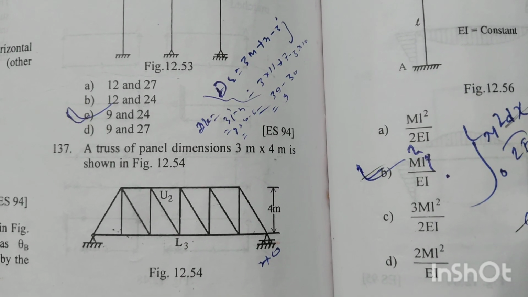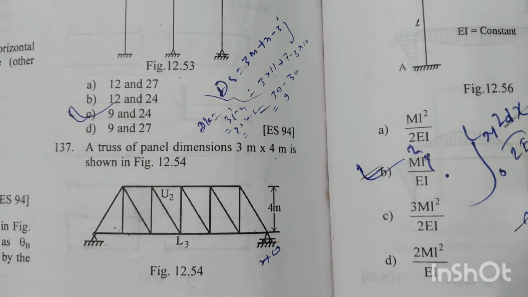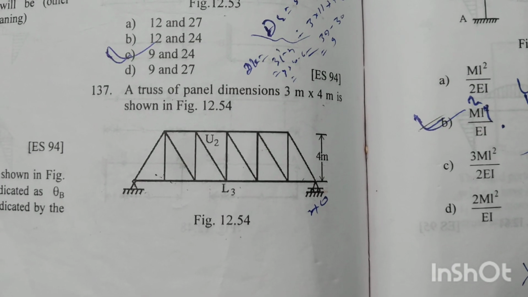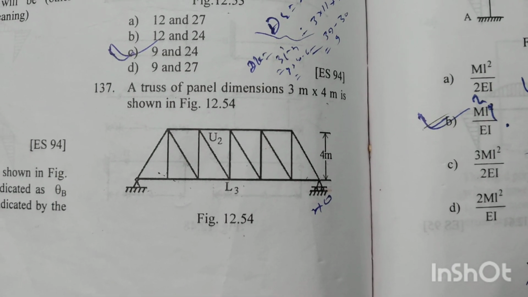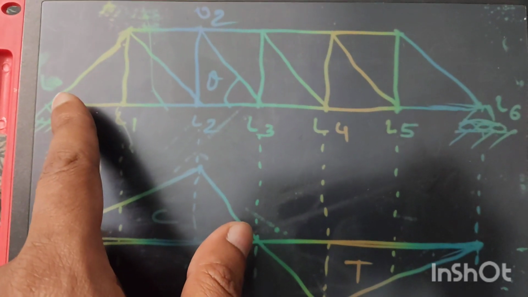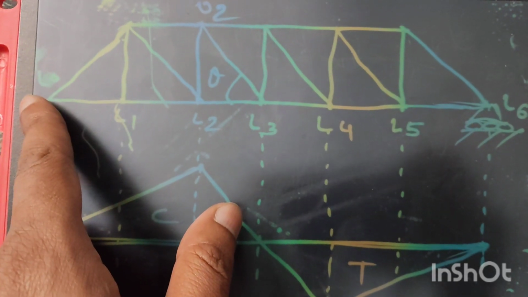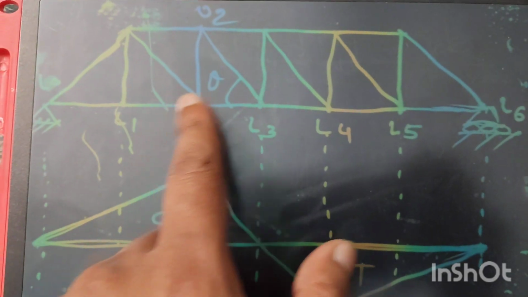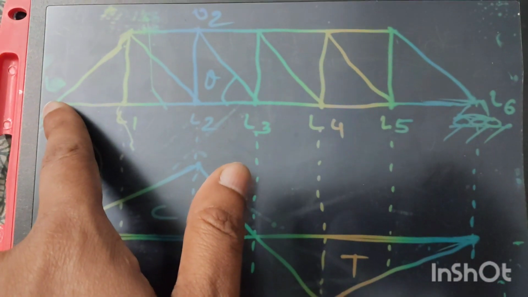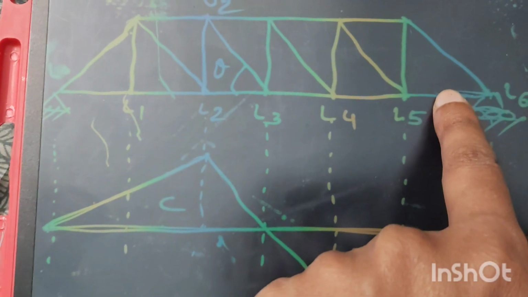A truss of panel dimension 3 meter into 4 meter is shown in the figure 12.54. The influence line diagram for the force in the member U2L3 is, suppose the unit load is rolling along the bottom beam or bottom chord of the truss from L0 to L6.